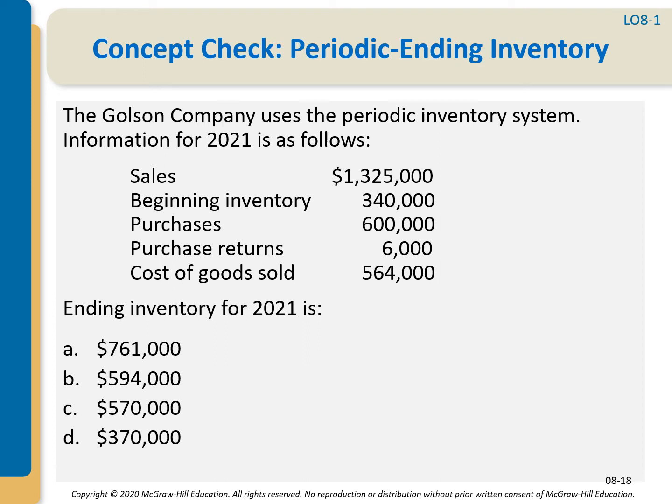Here's another example for the periodic inventory system, although you should note that in this example, if we had used the perpetual system, there would have been no difference in the numbers. Just an FYI. The Golson Company uses the periodic inventory system. Here is the information given. What is the ending inventory here?